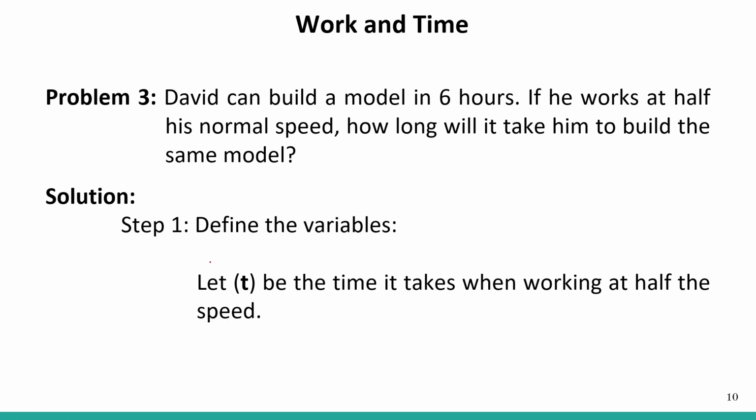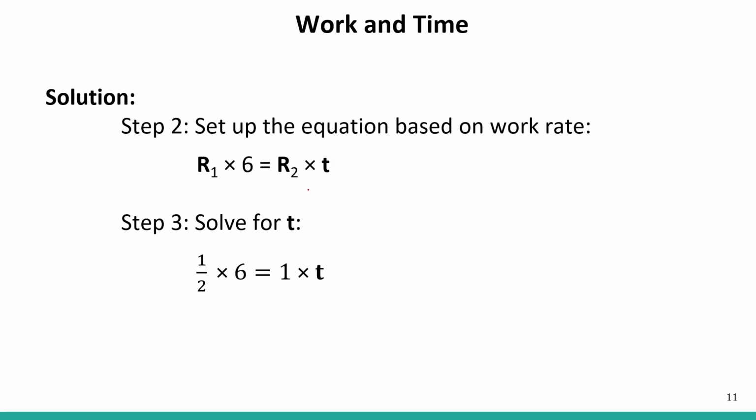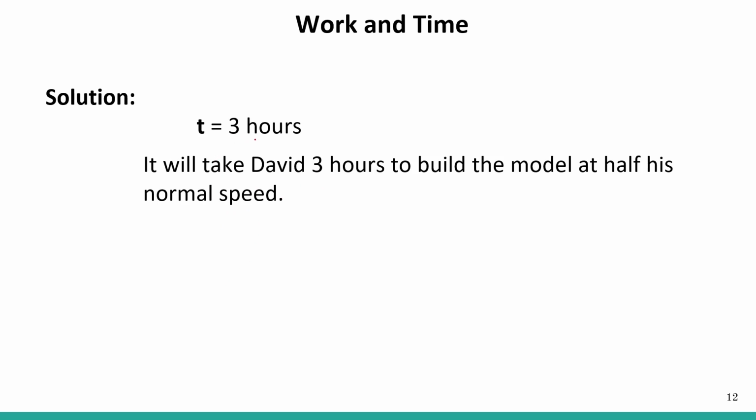Defining the variables, let t be the time it takes when working at half the speed. Set up the equation based on work rate: R1 into 6 is equal to R2 into t. Solving for t, it is 6 by 2, which is 3 hours. So it will take David 3 hours to build the model.